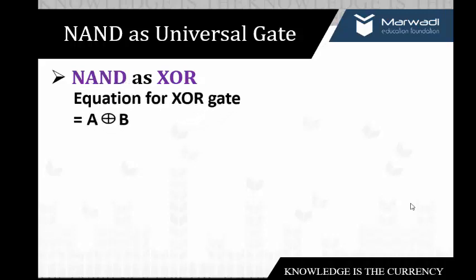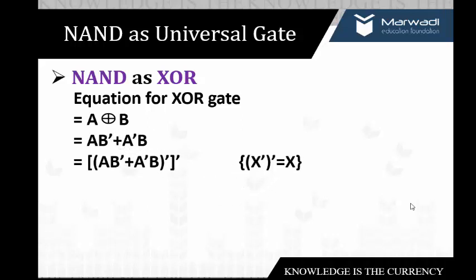Now the next topic is NAND as XOR gate. We know that XOR gate is called the inequality detector. The equation for XOR gate is A XOR B, which is equal to A B complement plus A complement B. On applying the double complement to the input, we get the input back as the final result.